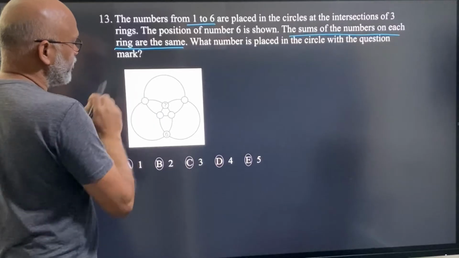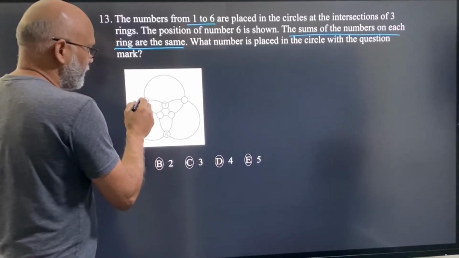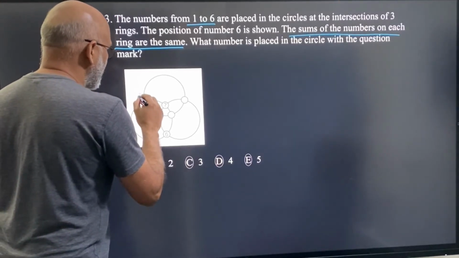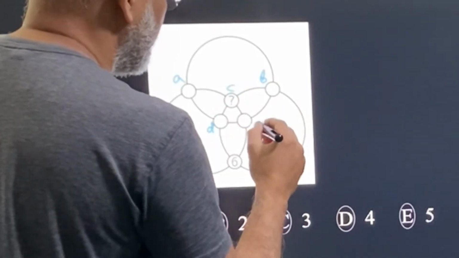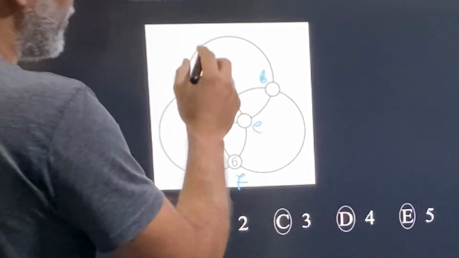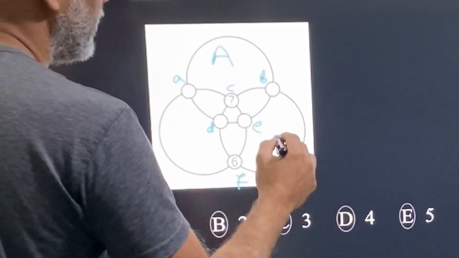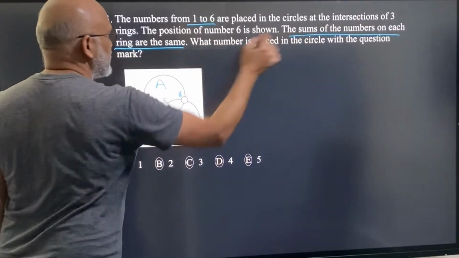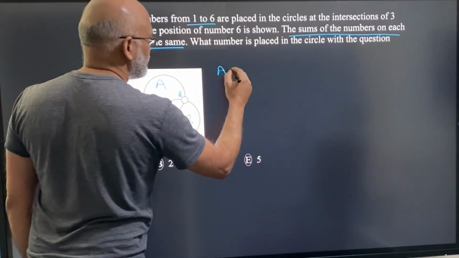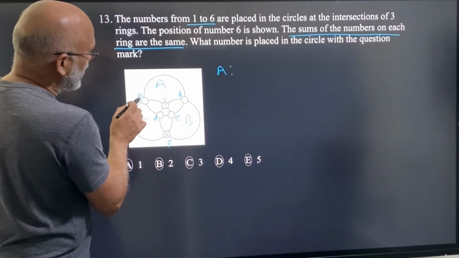What number goes here? Let me name the small circles lowercase a, b, c, d, e, and f, and the bigger circles uppercase A, B, and C. So let me write down this condition. For A, what numbers are on A?